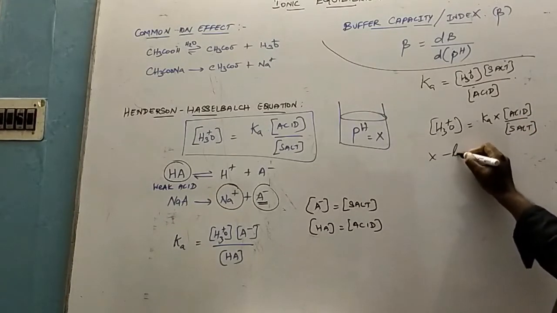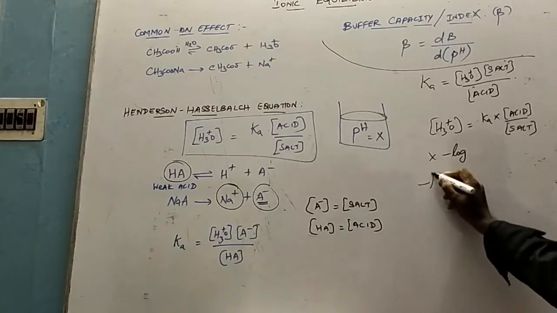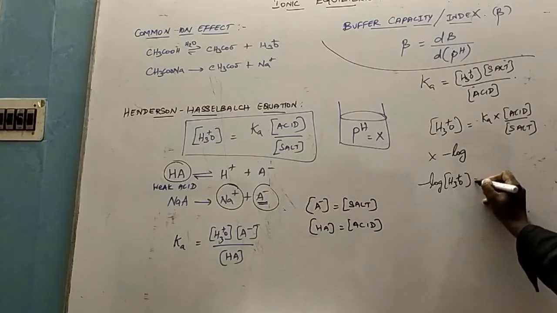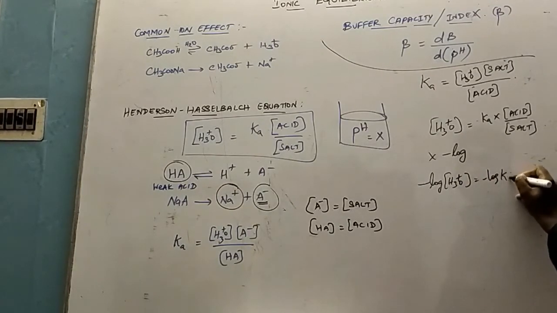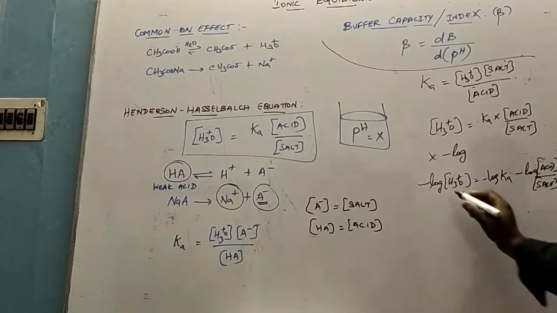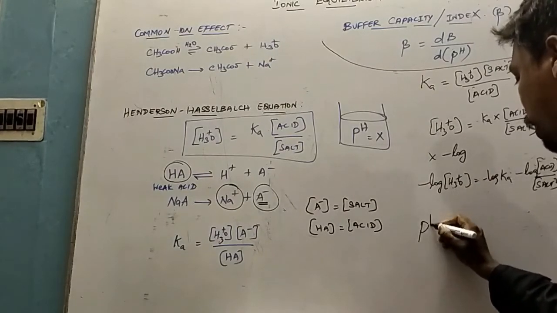Now apply minus logarithm on both sides. So the left side will become minus log of H3O plus is equal to minus log Ka minus log concentration of acid by concentration of salt. Okay. See here, this can be replaced as pH, which we have already studied.